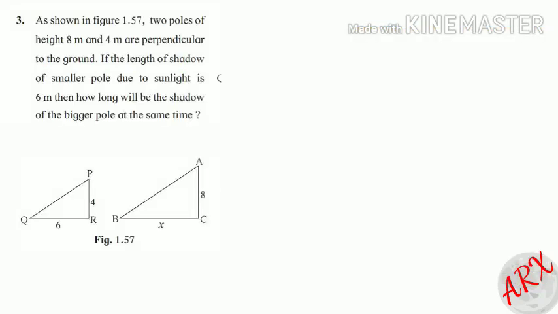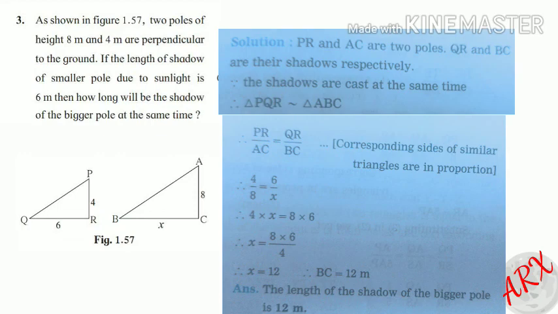Now we will start with example number 3. As shown in the figure, two poles of height 8 meters and 4 meters are perpendicular to the ground. If the length of the shadow of the smaller pole due to sunlight is 6 meters, then how long will be the shadow of the bigger pole at the same time?